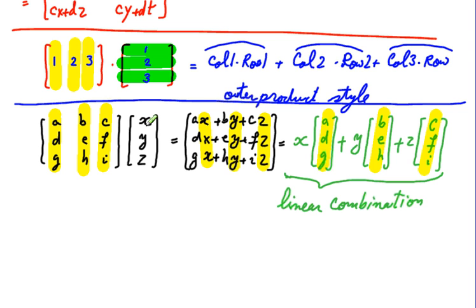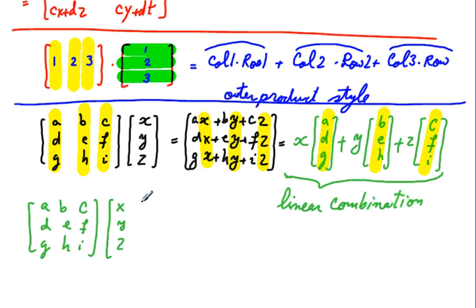So perfectly okay question: what if I had more stuff here? Like I had A, B, C, D, E, F, G, H, I, and here I had X, Y, Z, and say T, U, V.